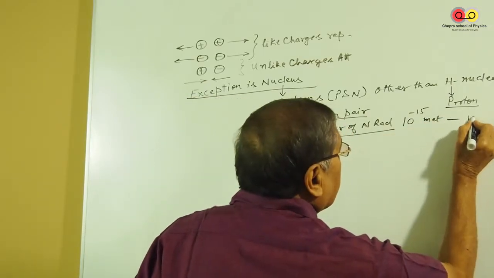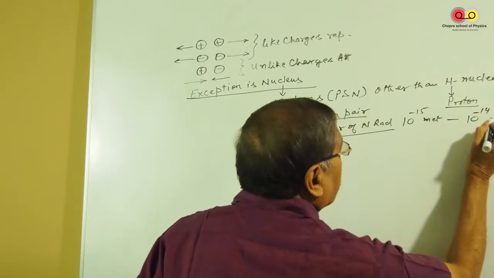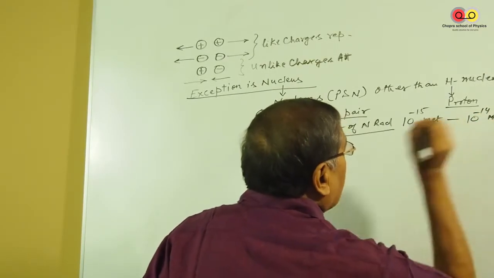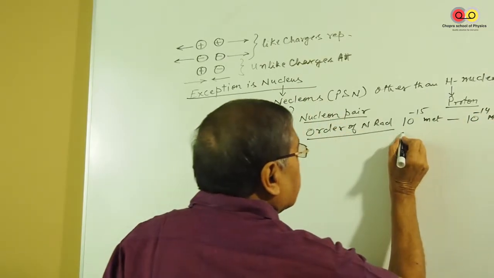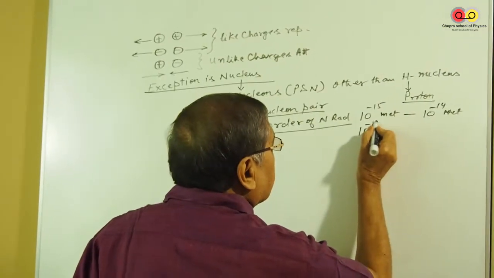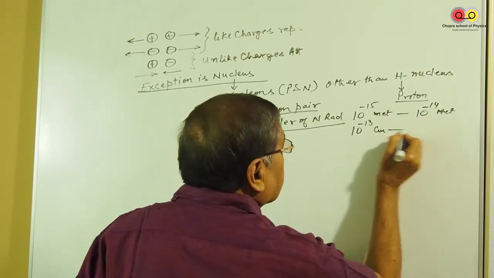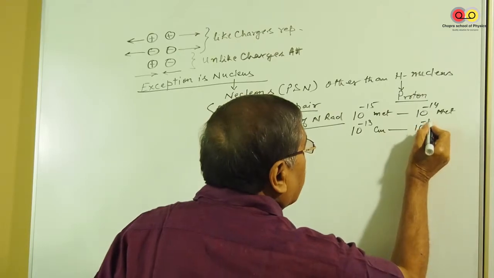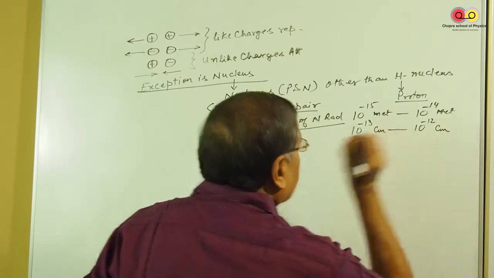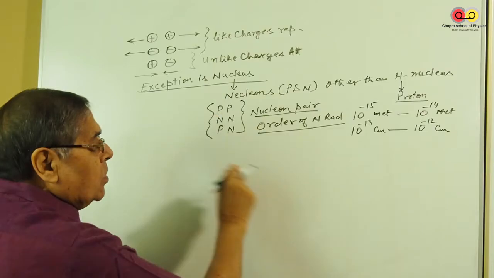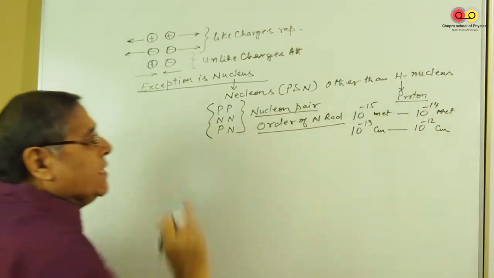Maximum 10 to the power minus 14 meters. Or it is 10 to the power minus 13 centimeters to 10 to the power minus 12 centimeters. So all these nucleons are packed in this particular size.